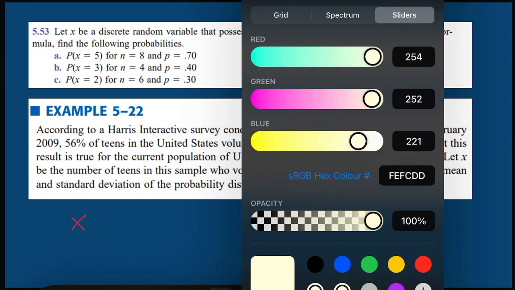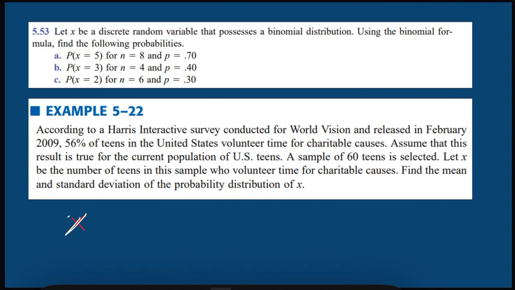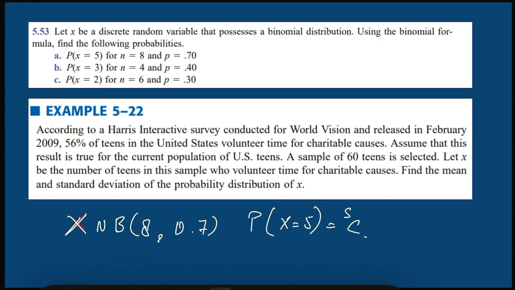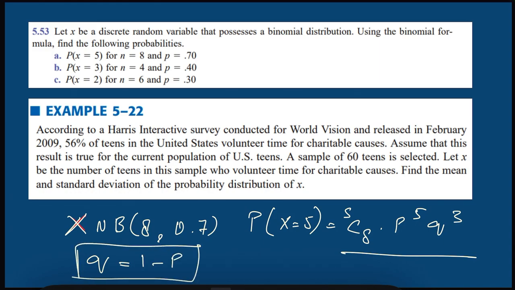Simple. x follows the binomial distribution having n equals 8 and p equals 0.7, and we have to calculate x equals 5. This equals 8C5, then p to the power 5 and q to the power 3. Just put their values and we can get it. How can q be calculated? q equals 1 minus p, because p plus q equals 1.